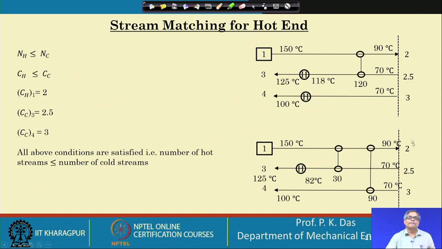One hot stream has a heat capacity rate of 2, another hot stream is 8, one cold stream is 2.5 and another cold stream is 3.